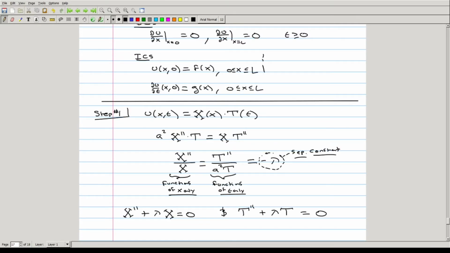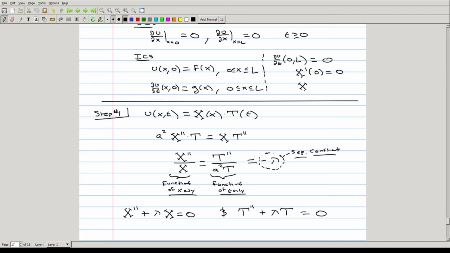So if we take a second to look at what that is for our separable function, this is saying that du/dx at 0, L has to be 0, which implies that X' at 0 should be 0.